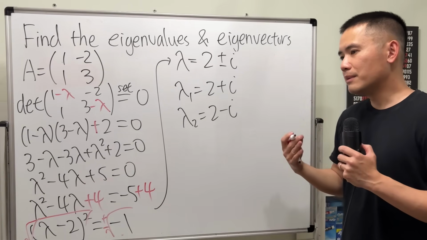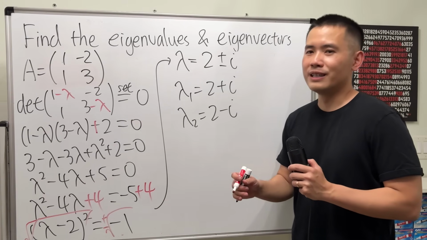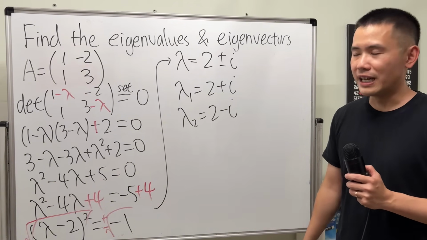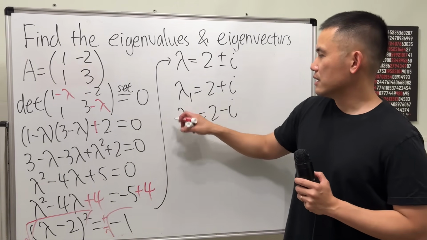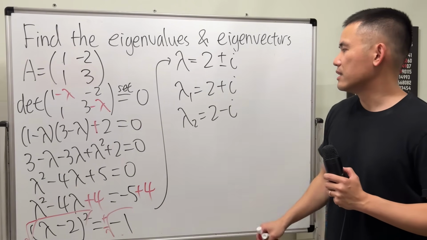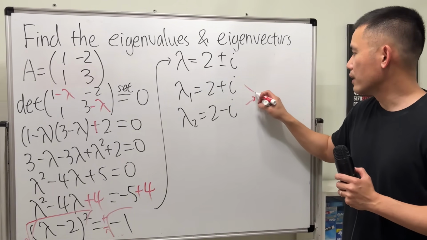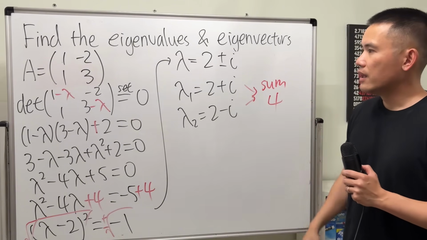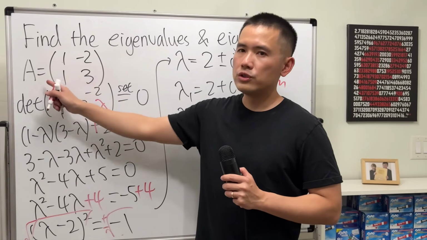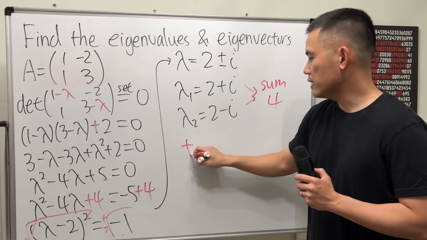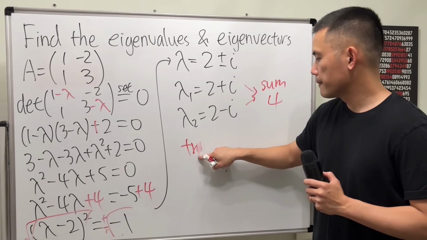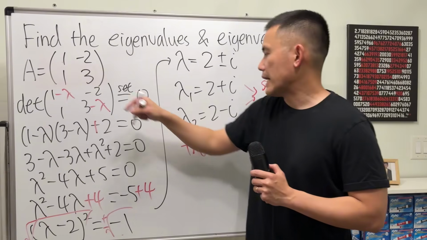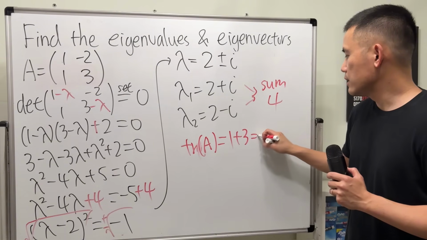Now, if you have seen my previous video, the bonus part, then you know there's a quick check to see at least if we have made a mistake or not. The check is, if you add this and that together, we get 4. The sum of the eigenvalues is 4. And if you go back to our original matrix, if you do the trace of it, we just do the diagonal and add them up, 1 plus 3, and that's equal to 4.